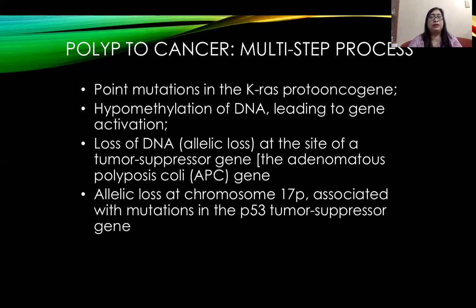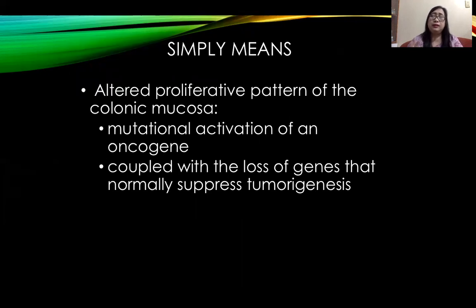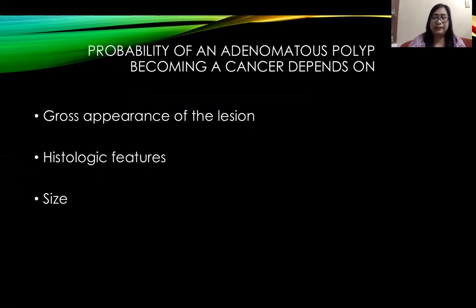This is associated with mutations in the p53 tumor suppressor gene. So simply, this means an altered proliferative pattern of the colonic mucosa, the mutational activation of an oncogene, coupled with the loss of genes that normally suppress your tumorigenesis.